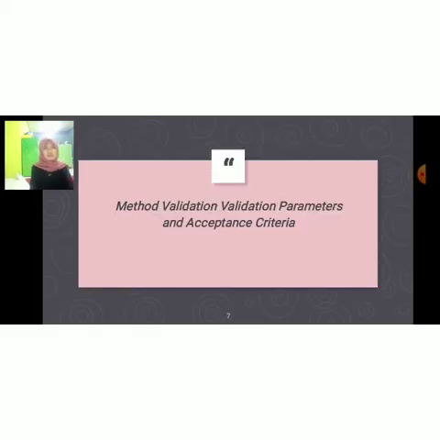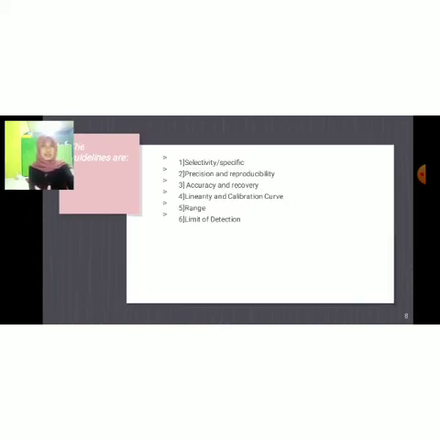Next. So, method validation parameters and acceptance criteria. For the method validation parameters and acceptance criteria, there are 7 criteria for a test method validation. The first is selectivity or specificity.